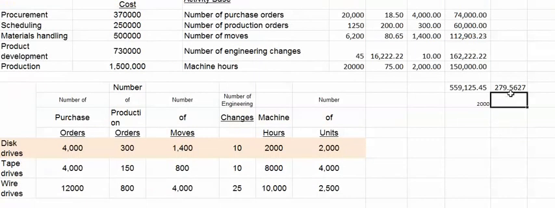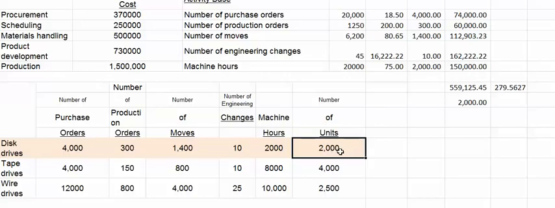And I get 279.57, 279.56. We have a little rounding issue here. I'm dividing by the number of units, so I have to take the total cost divided by the number of units to come up with a cost per unit.